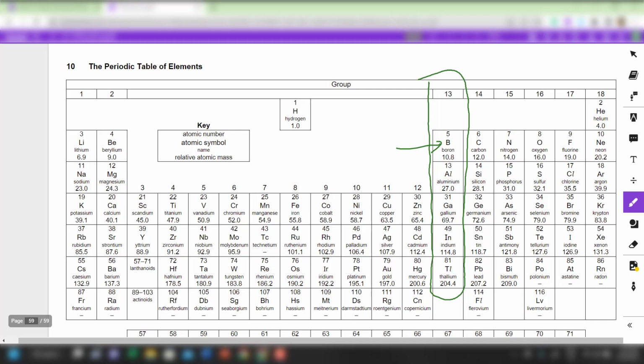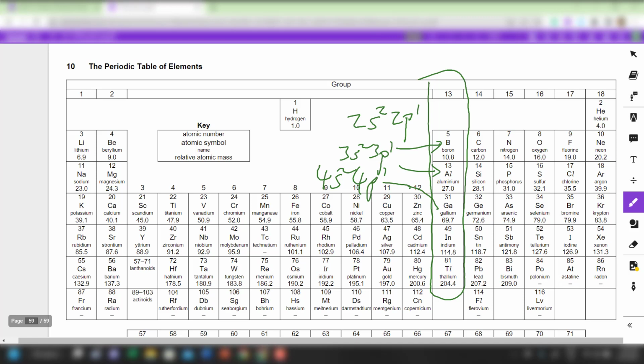What is the valence electronic configuration for boron? 2s2, 2p1. Am I right? How about aluminium? 3s2, 3p1. How about for gallium? 4s2, 4p1. These are ground state electronic configurations, which means the electrons are not being excited. So do remember this.